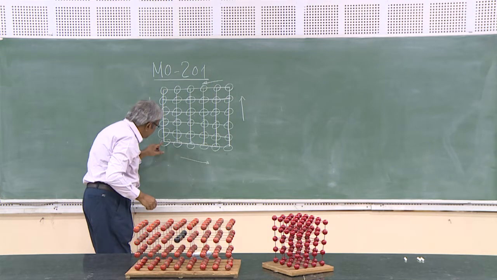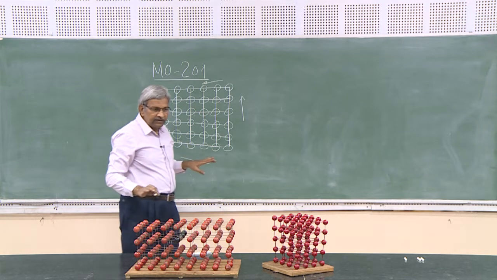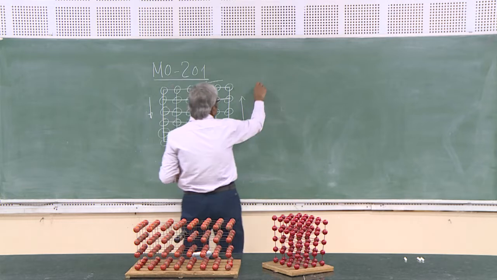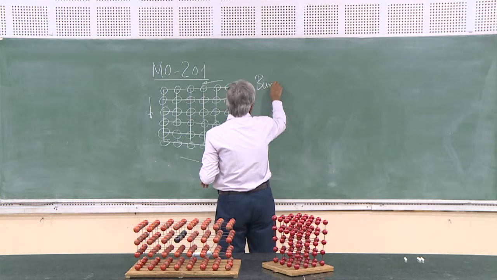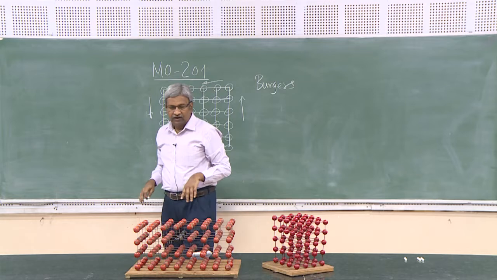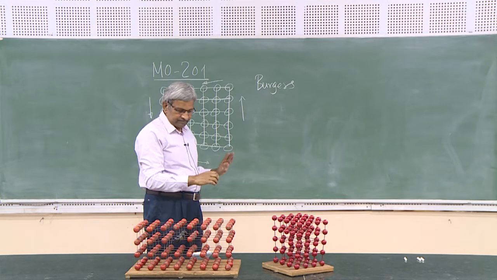You have come back to the position from where you have started, meaning thereby that the Burgers circuit is closed. This is all about the contribution of the famous crystallographer Burgers. So, you are saying that the Burgers circuit is closed.